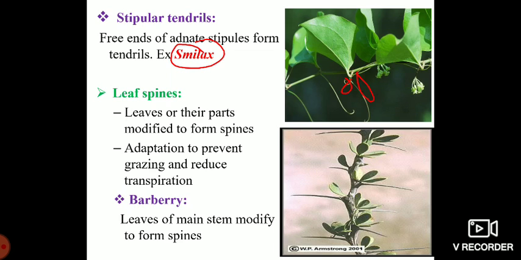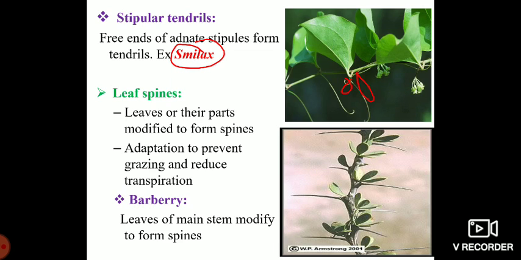Now another type of leaf modification is leaf spines. So far we have discussed the storage leaves, then we have discussed the tendrils. Now we are going to discuss the third type, which are the spines. Leaves or their parts get modified to form spines. Spines are actually the modifications of leaves or their parts.